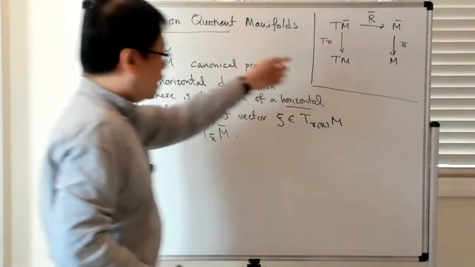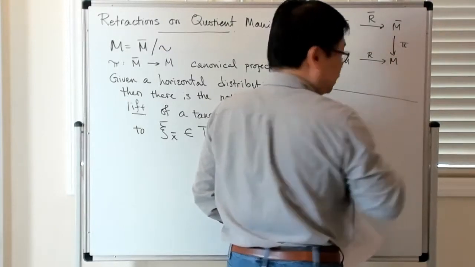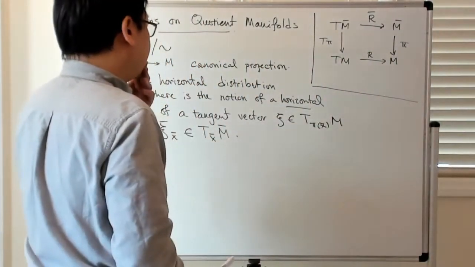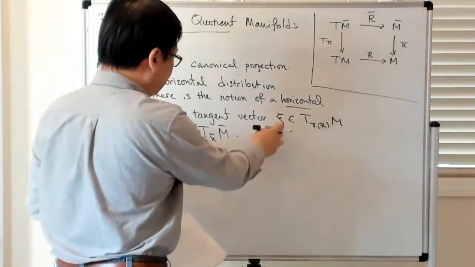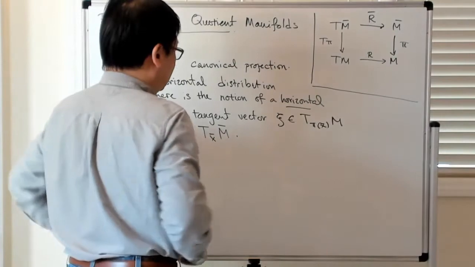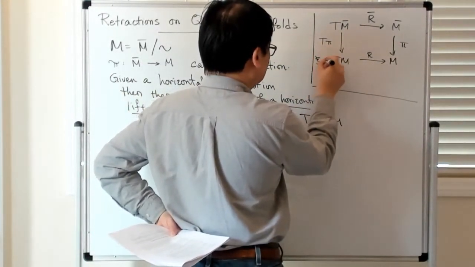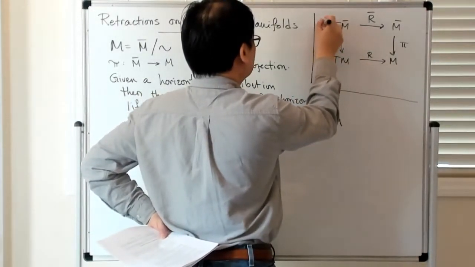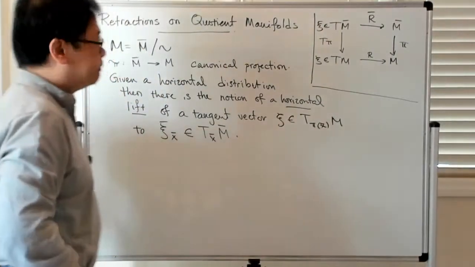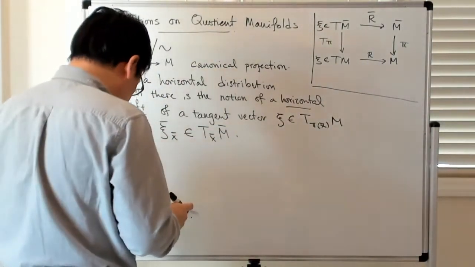And of course, TM to M is where you would like the retraction you're trying to construct to live. And while we're there, there's this notion of a horizontal lift. So if you have some tangent vector here, you want to lift it to a tangent vector up here in some sense. Okay, so that's where everything lives.